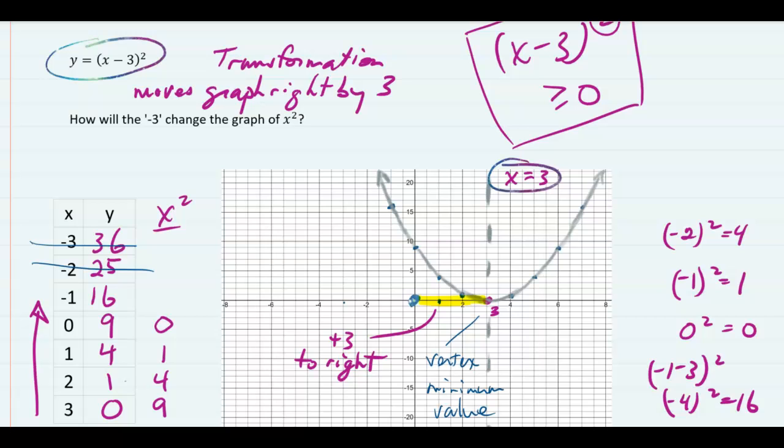I usually call that a shift right by 3. So we could say, when we answer how the -3 changes the graph of x squared, it shifts the graph right by 3. And I'll say shift right by 3.